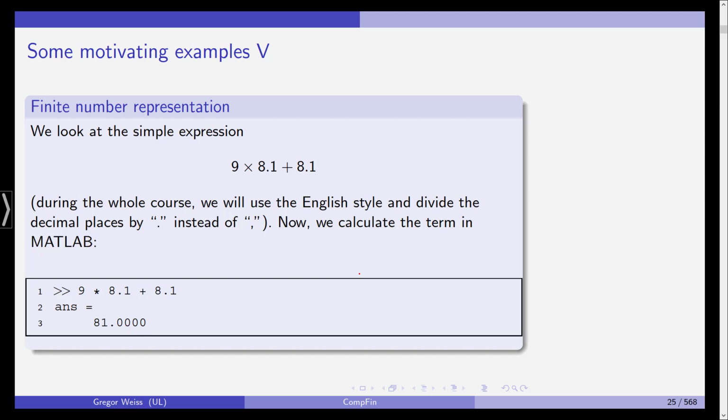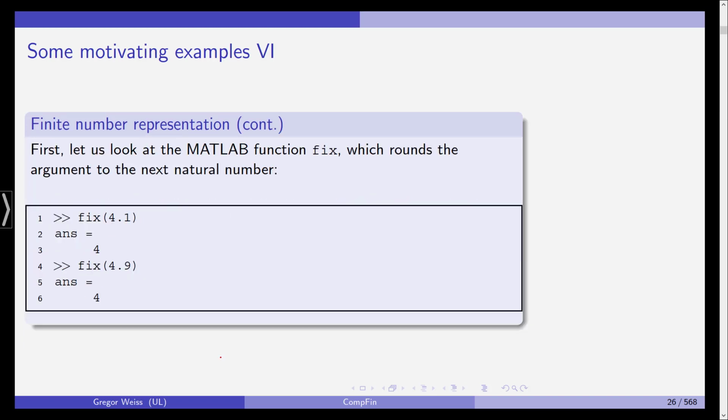So if you insert 9 times 8.1 plus 8.1, you get the answer in Matlab 81.0000. Looks good. As you can see, this is simply 10 times 8.1, so we are expecting 81. But remember, here, for some reason, we are also given several zeros at the end.